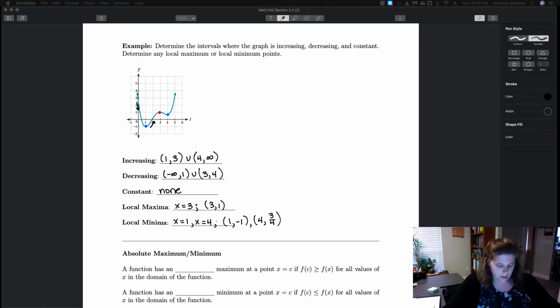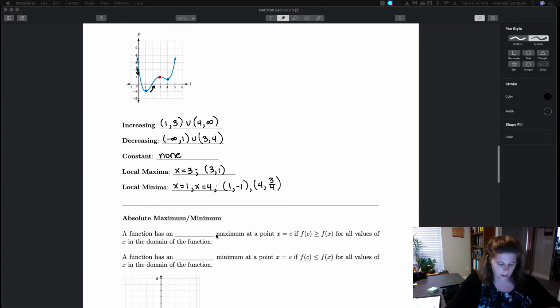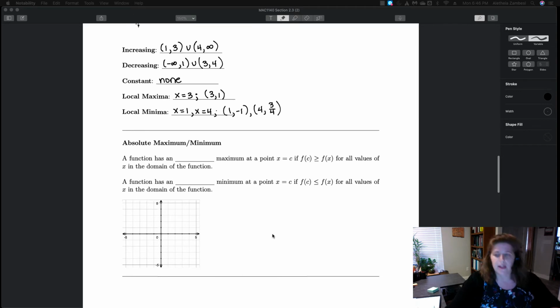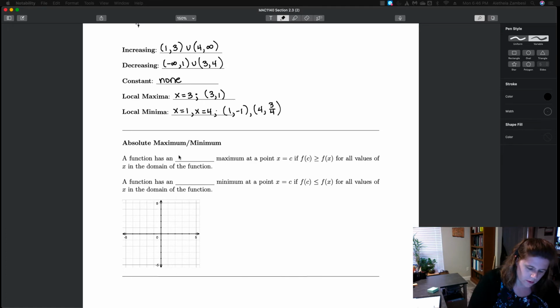So again, the local minima are (4, 3/4) and (1, -1). If we're looking for just the x values, we have x is equal to 1 and x is equal to 4. These are local values, but a function can also have an absolute max and an absolute min.